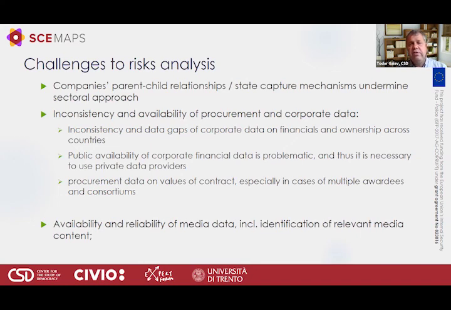Of course, inconsistency and availability of procurement and corporate data are also a big challenge, and there are several ways it could be at least partially overcome, but still this is a big problem. And last but not least, availability and reliability of media data, including identification of relevant media content.